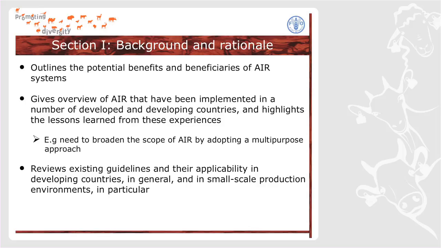We have chosen examples from developed and developing countries, highlighting the lessons from these experiences. One of the lessons is the need to broaden the scope of animal identification and recording by adopting a multi-purpose approach. I think everybody talked about this yesterday.